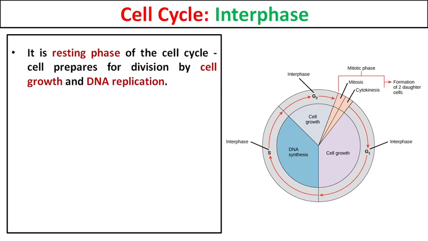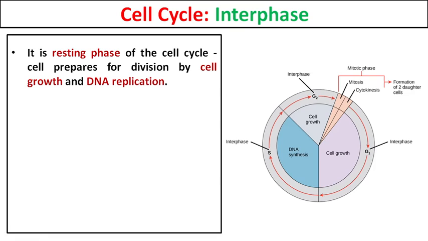But when you observe a cell at interphase under a microscope, you will not see a lot of activity, which is why people thought it is a resting phase, that the cell is doing nothing, while in fact the cell is doing a lot of metabolism and all the preparations which are not visible to you. So the cell prepares for division by cell growth and DNA replication.